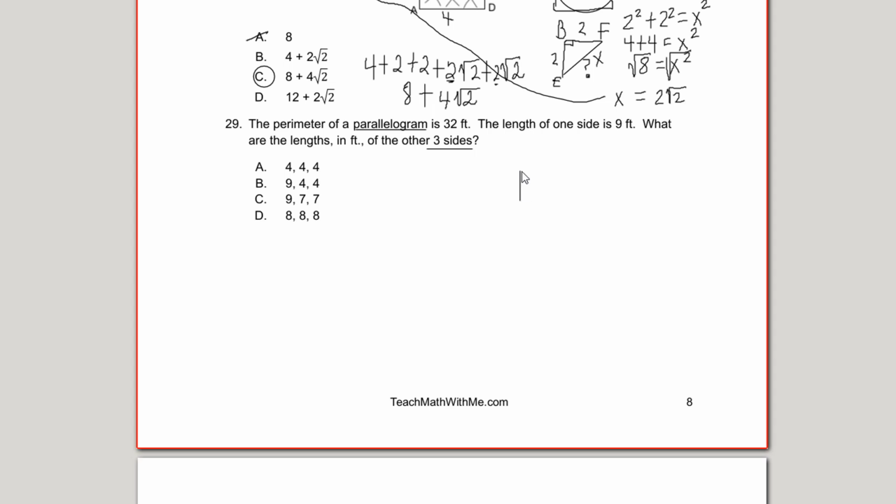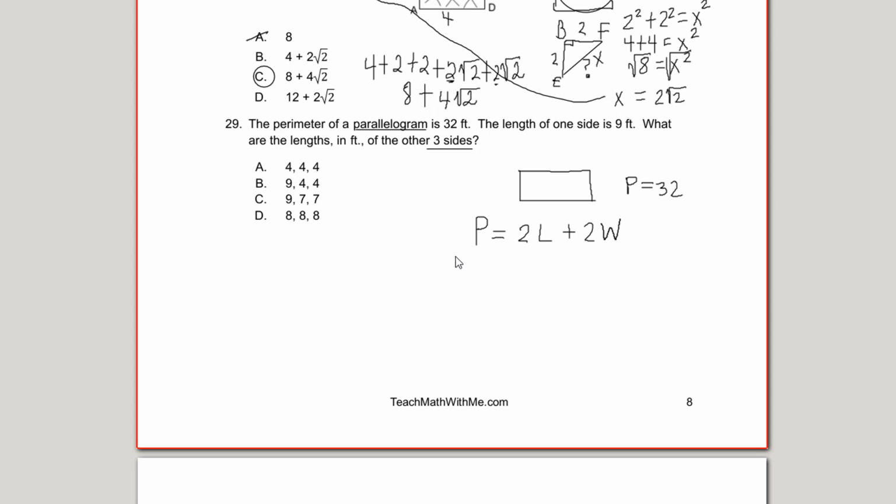So let's just draw something like this. We have a rectangle, and we know that the full perimeter of this is 32. So perimeter equals 32. When we're looking at any kind of rectangle or basically any parallelogram, the perimeter is equal to twice the length plus twice the width.